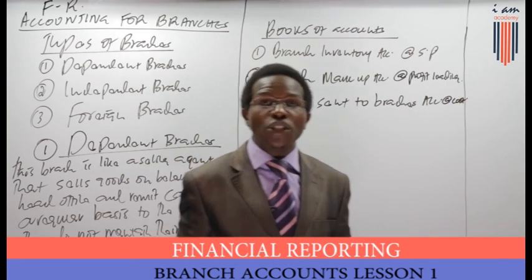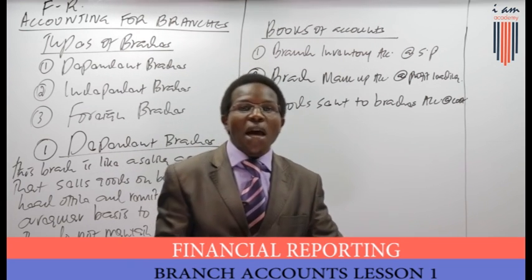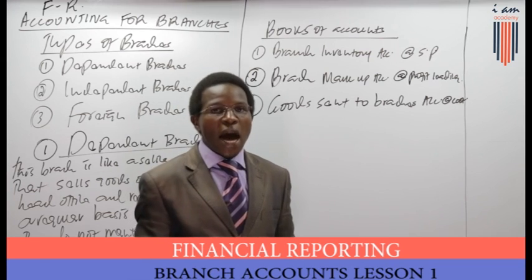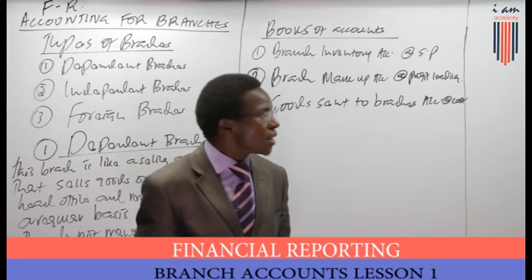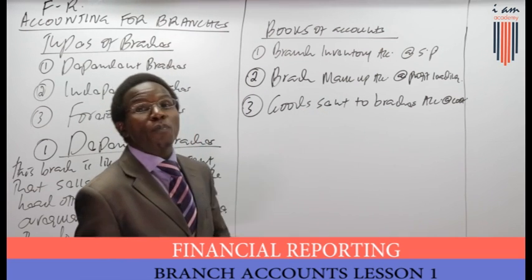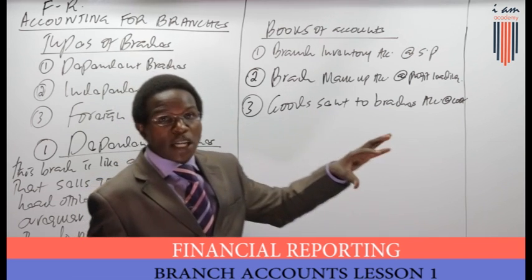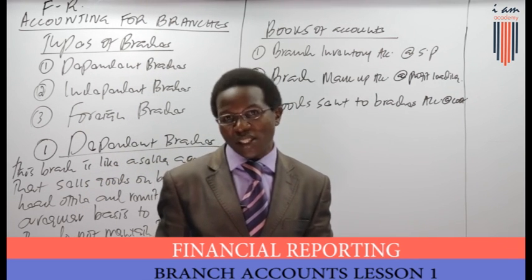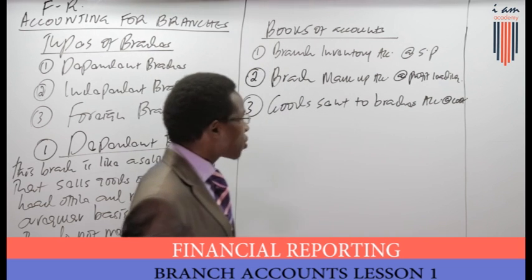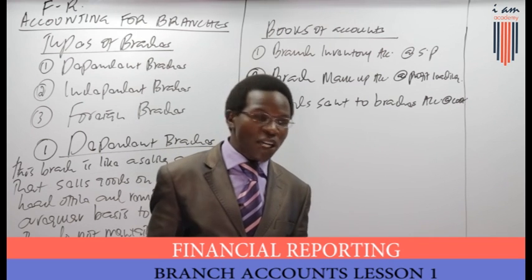It will be reporting all the goods that have been received at the branch and all the goods that have been sent out of the branch, and that will be reported at cost. The balancing figure in our goods sent to branch is head office purchases. That's a control account as well to determine the head office purchases held at the branch.